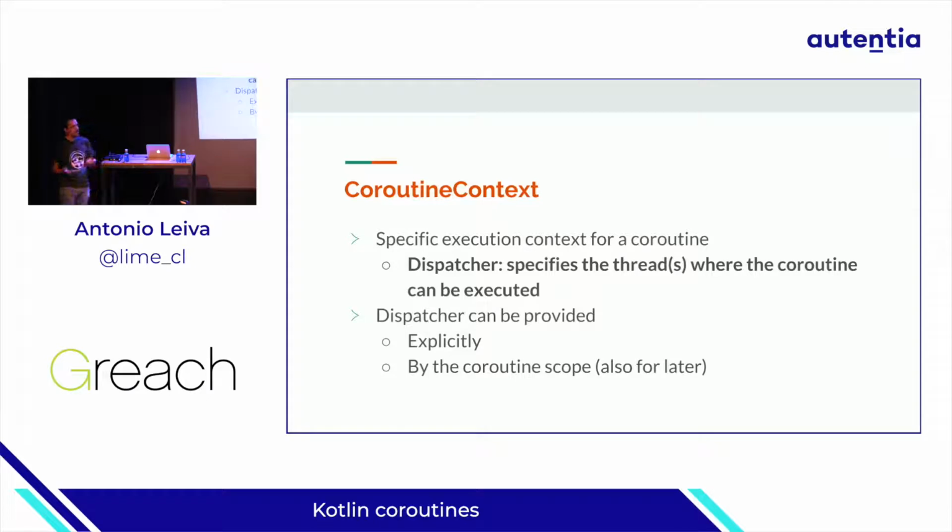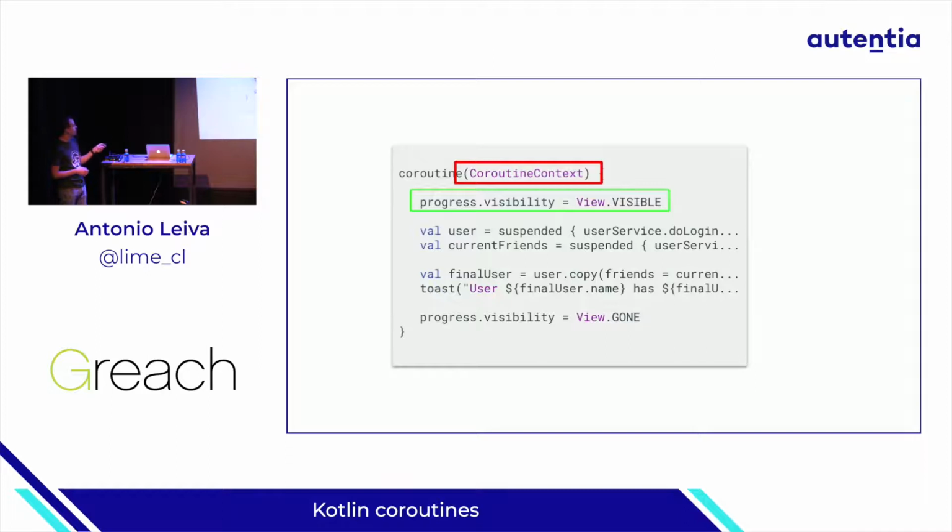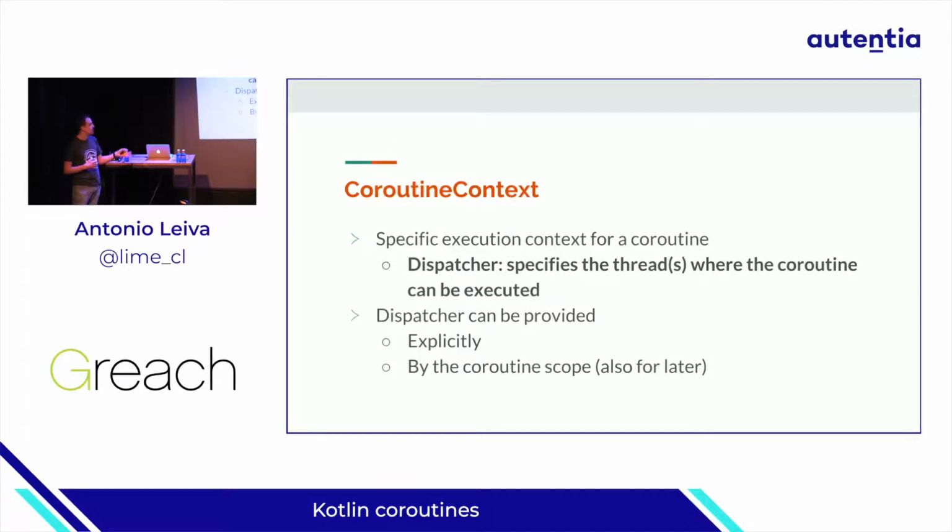This dispatcher can be provided, as we saw before here, or can be provided by the coroutine scope. We'll leave coroutine scopes to the end so that we can understand all the other things before. But we are now going to see how to specify which dispatcher our coroutines are using.